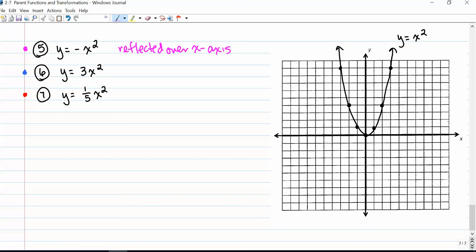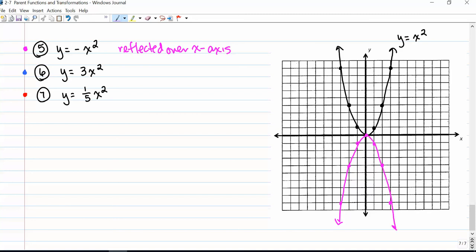So basically it's going to flip from being above the x-axis to being below the x-axis. So the vertex is going to stay the same, but every point is just kind of transferred down to here. And that's the graph y equals negative x squared.